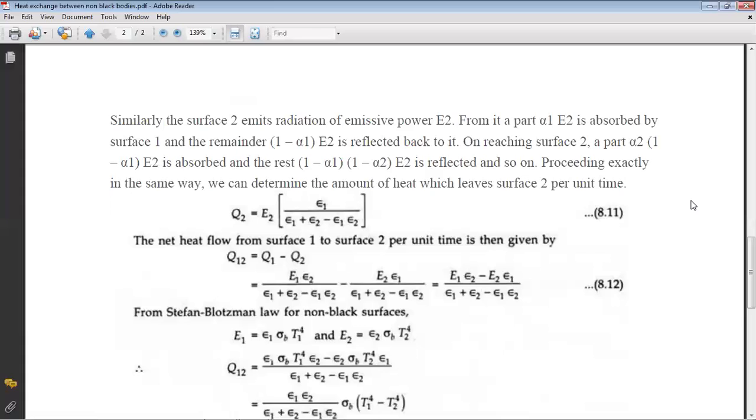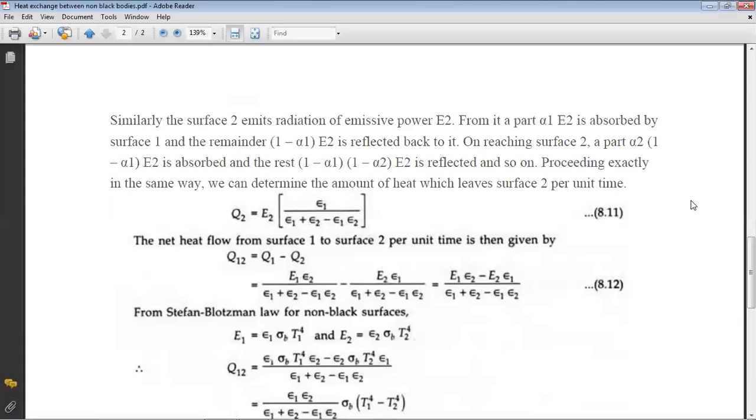The denominator remains the same. Now if you take the difference, we'll end up with an expression E1 epsilon 2 minus E2 epsilon 1 upon epsilon 1 plus epsilon 2 minus epsilon 1 into epsilon 2.